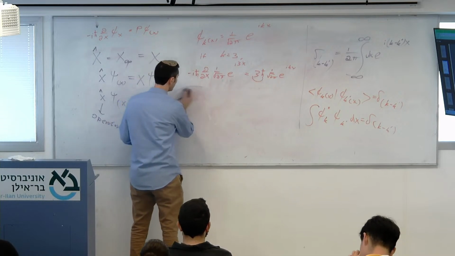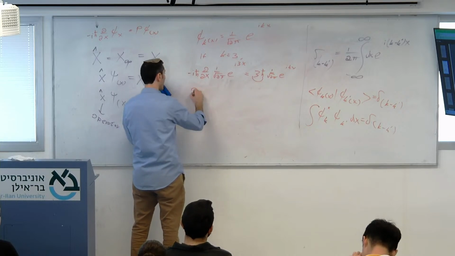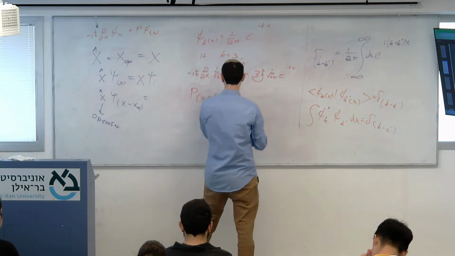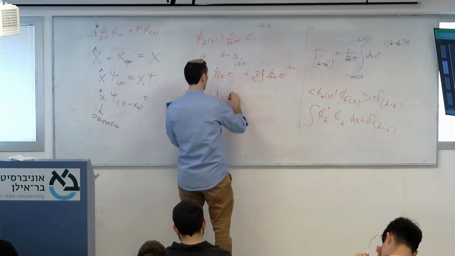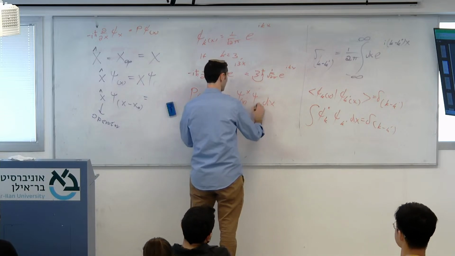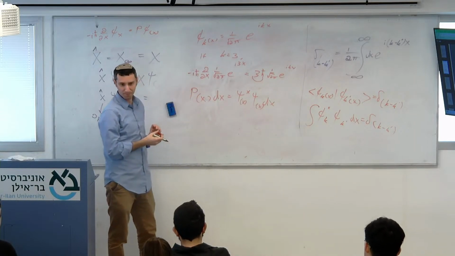What is my location as a function of x? I told you before, I'm very unhappy with my markers today. The p of x dx is like psi star psi dx. So let's say this is now my psi.